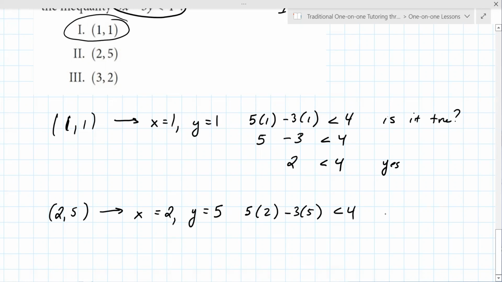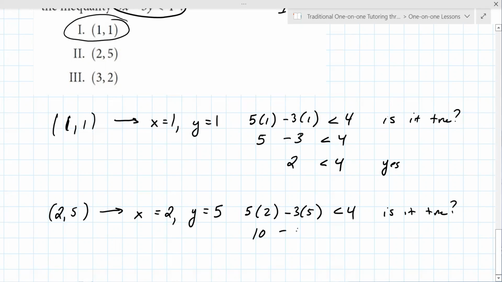Is that less than 4? Is it true? The only way we can answer that is by multiplying and then subtracting. What's 5 times 2? 10. Minus 3 times 5.